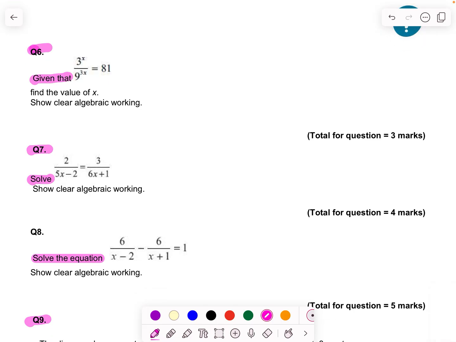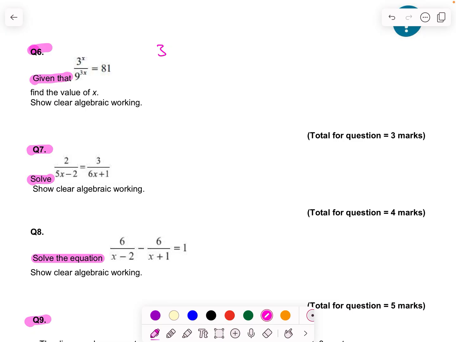Okay, going on to this bit. So this one was a bit challenging. It says find the value of x. Let's write this all in using 3 to the power something.